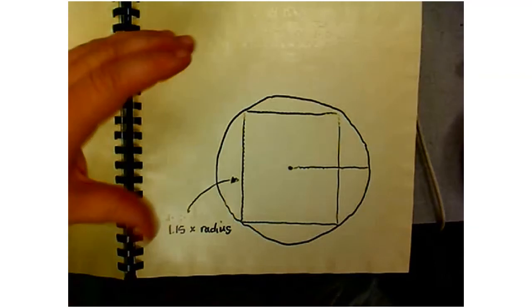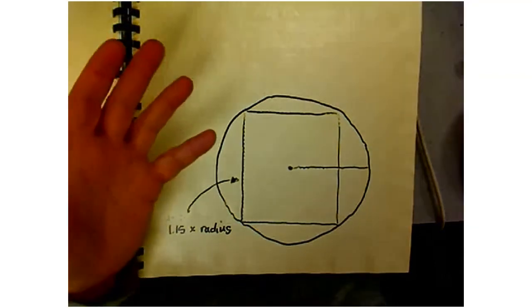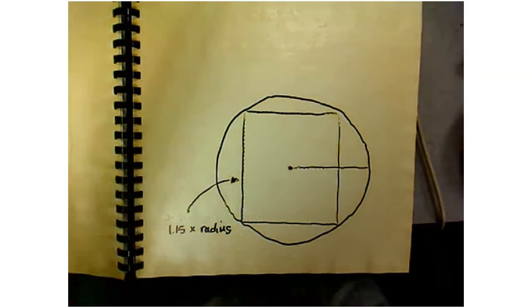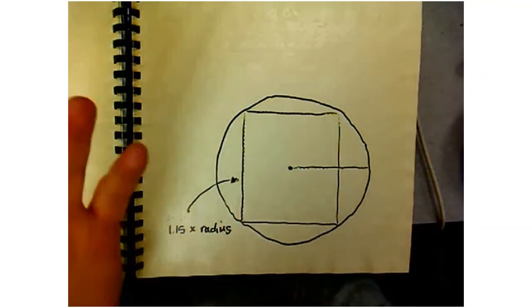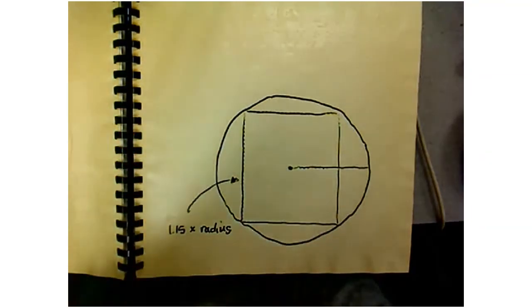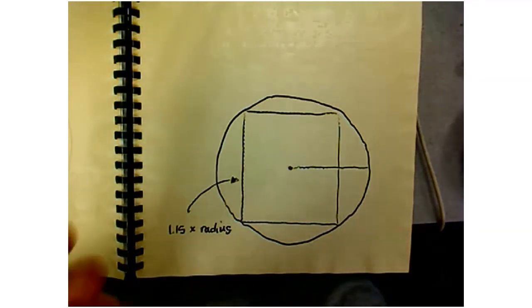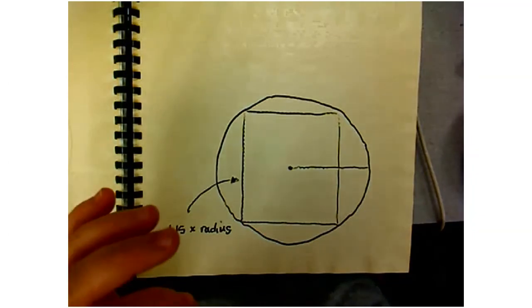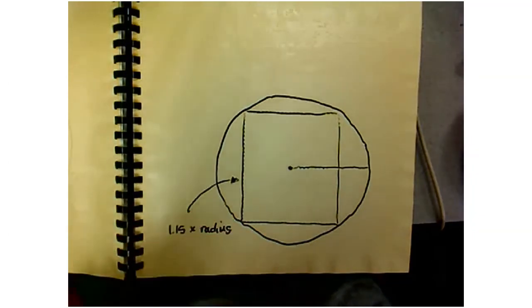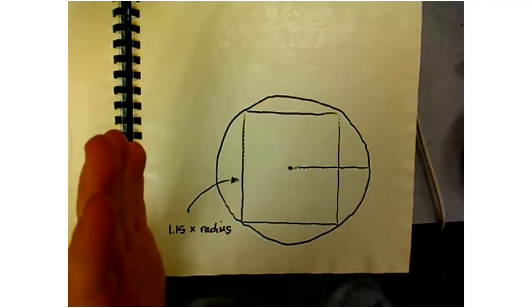So in logging, apparently, if they want to get a big, huge beam out of a tree to build something like a roof, the biggest beam they can make is 1.15 times the radius. That's what they cut because they've discovered that's the strongest piece.